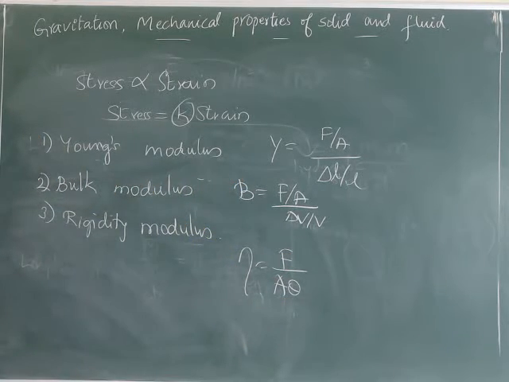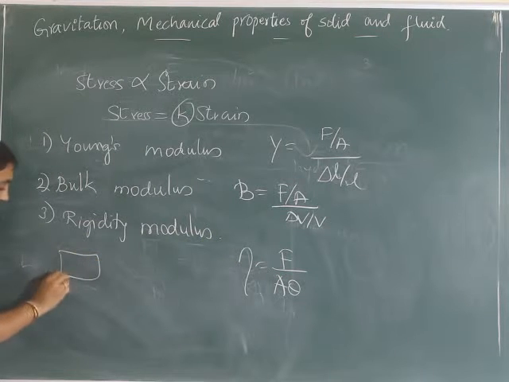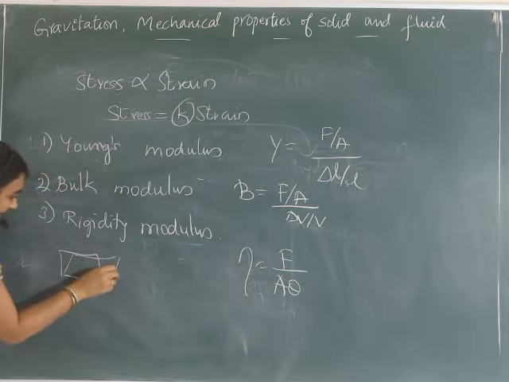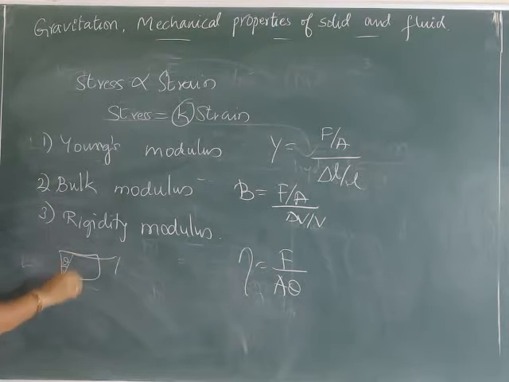Eta is equal to F by A theta. If this is a body, it is pulled and there will be some change in the angle, that is theta. That is, if it is pulled by a force F, there will be change in the angle theta.